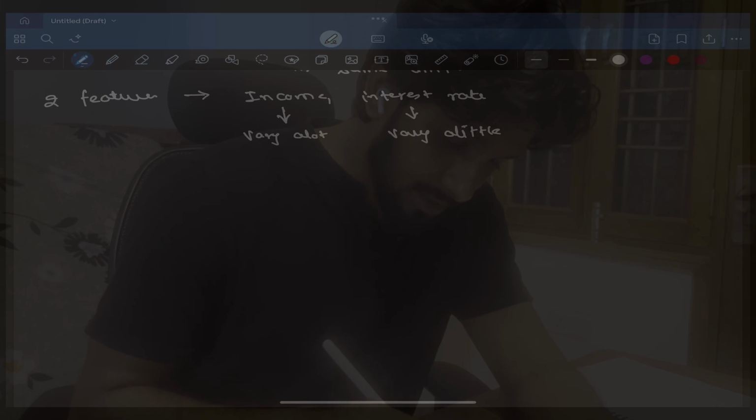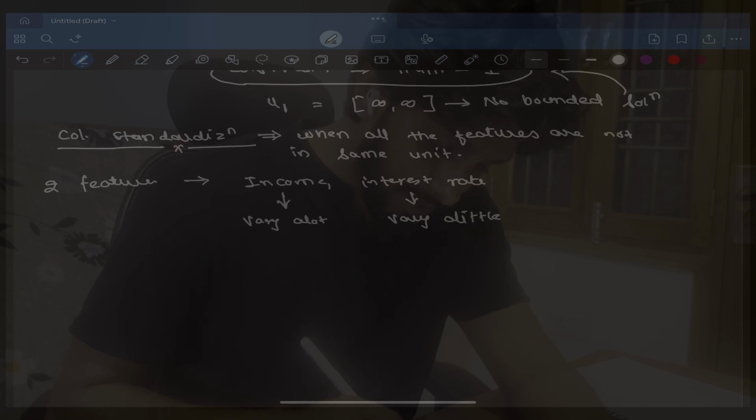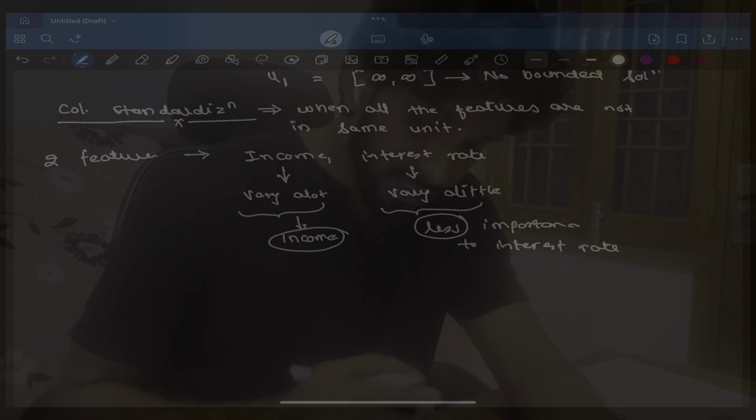So in that case, if I try to find the direction of u1 without any column standardization, what will happen? It will give more importance to my income. Even though the interest rate doesn't vary a lot, it is explaining my data quite a bit, but u1 will give very less importance to interest rate if I don't change the scale.